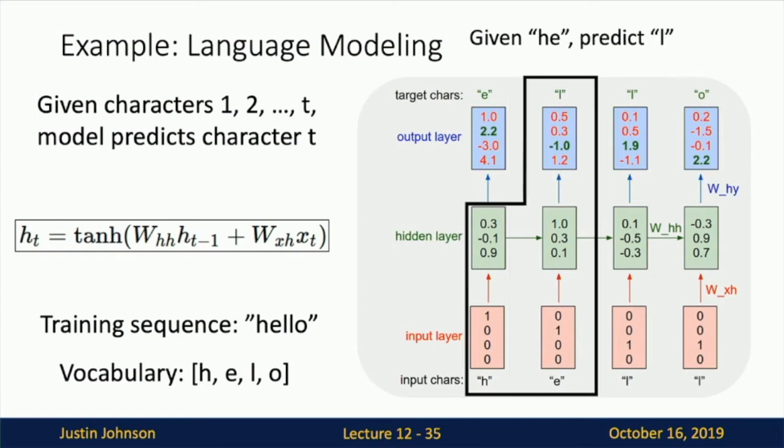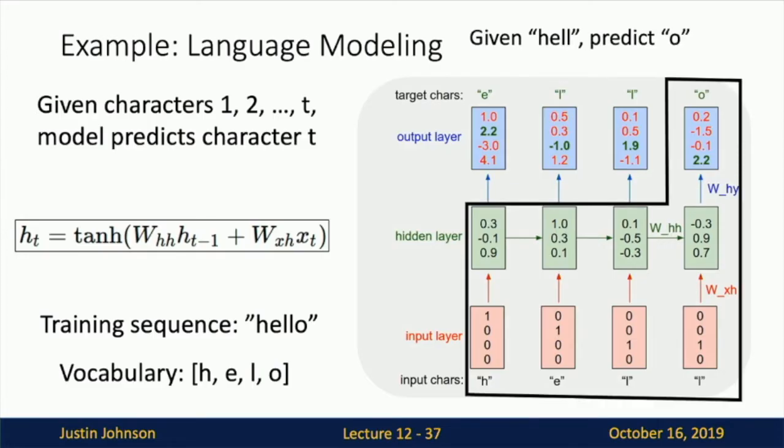Then once it receives the first two input characters, H and E, it needs to predict L, which is the third character in the sequence, and so on and so forth. So you can see that the target outputs in this sequence are equal to the inputs, just offset by 1.